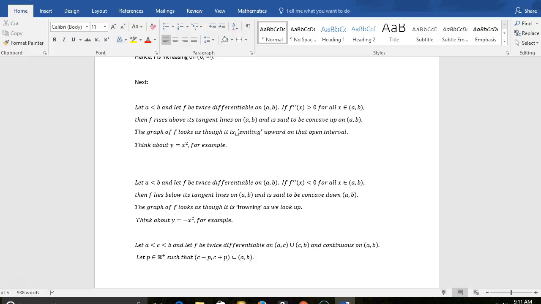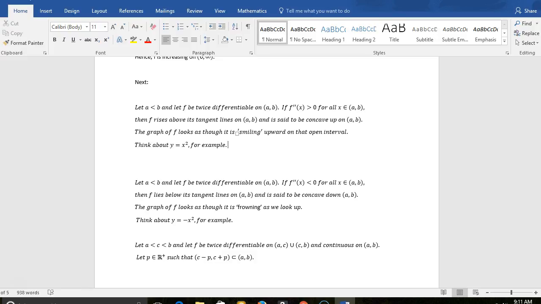So f double prime was positive on the left side of the inflection point. Let me go back. Let's say we've got an inflection point.